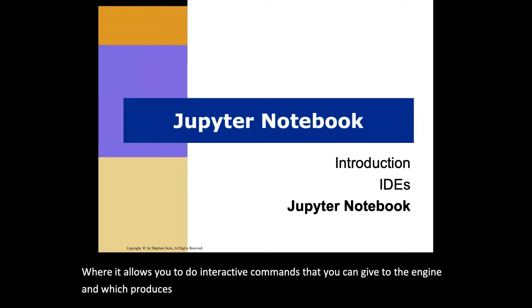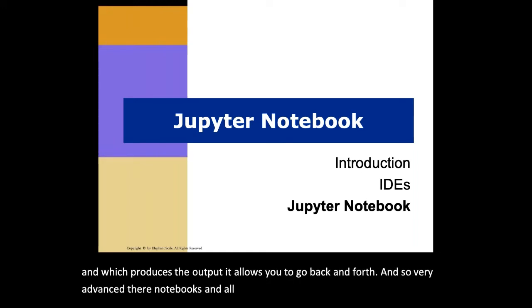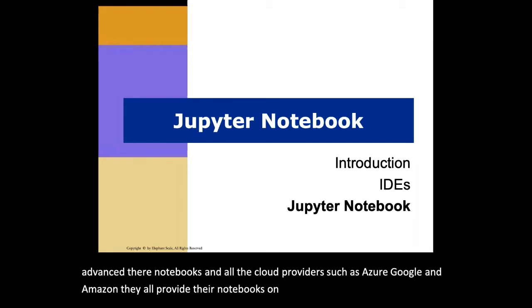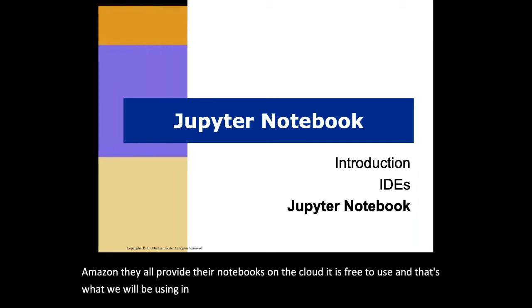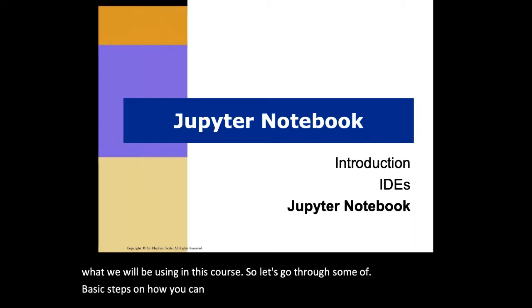It allows you to go back and forth, so they are very advanced notebooks, and all the cloud providers such as Azure, Google, and Amazon provide their notebooks on the cloud. It is free to use, and that's what we will be using in this course. So let's go through some of the basic steps on how you can leverage a Jupyter Notebook to create machine learning data science experiments.